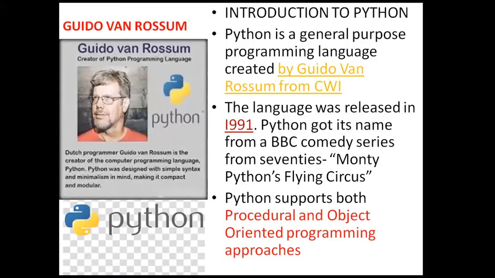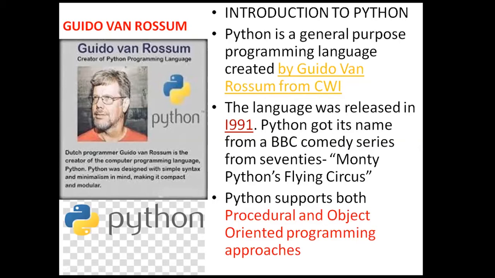Who is the creator of the Python programming language? It is Guido van Rossum, a Dutch programmer who developed Python at CWI.